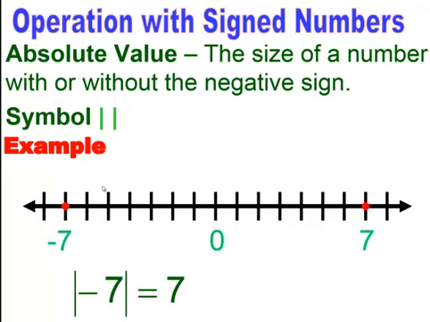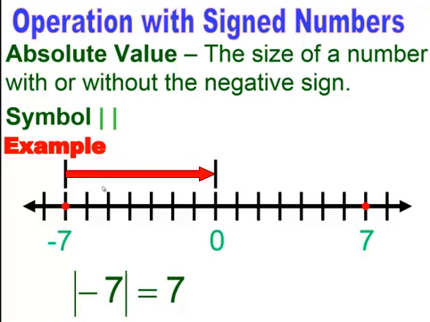So if I have the absolute value of -7 and I have bars around the negative 7, that indicates that it's the absolute value. What I'm looking for is how far is -7 from 0 on the number line. And because a distance can never be negative, when we take the absolute value, it will come out as a positive. So the process is called evaluation of an absolute value.